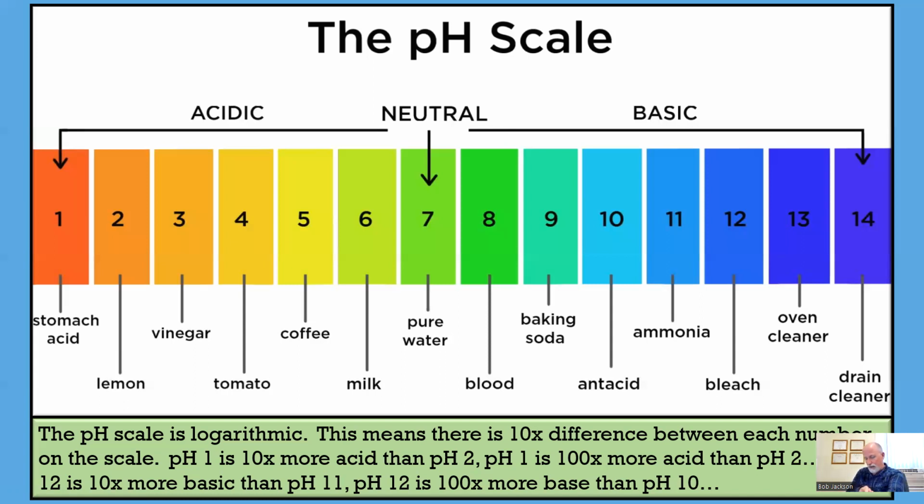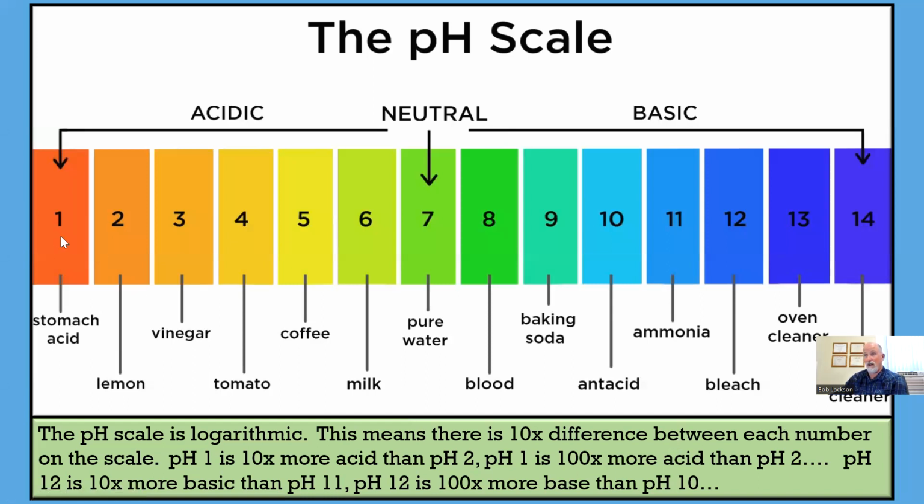Now, the thing to know about the pH scale, and to teach kids to understand, is that the pH scale is logarithmic, or a log scale. In simple terms, there's a 10 times difference between each level on the pH scale.